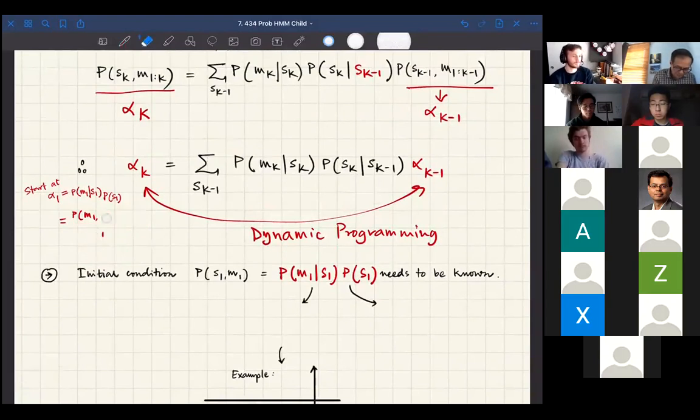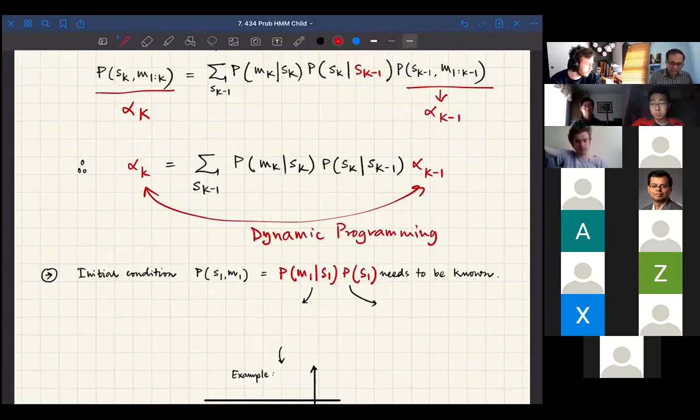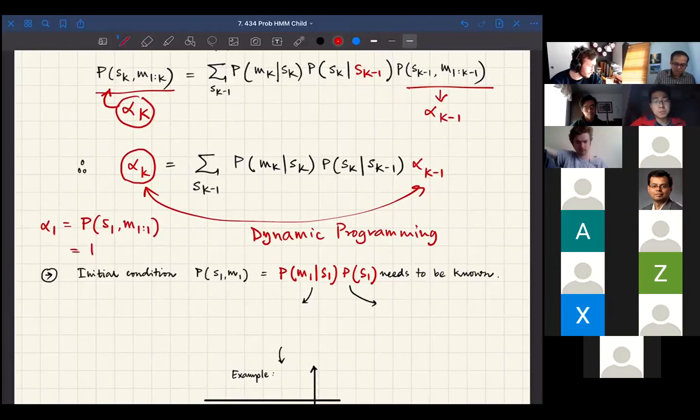Okay, let me just say that once again. Guys, alpha k is this. So alpha 1 equals P of s k, m1 through k. So this is s1 comma m1 through 1, which is the probability of s1, m1. Forget what I said just a minute back.